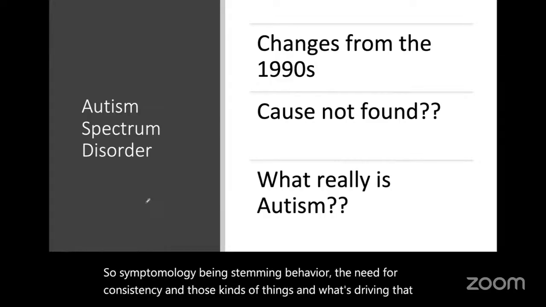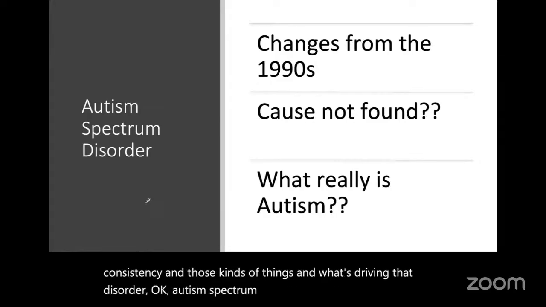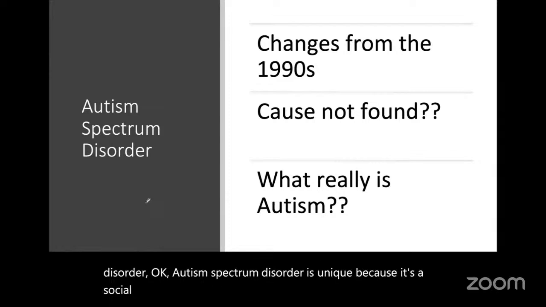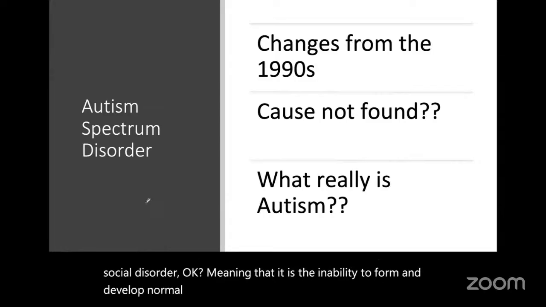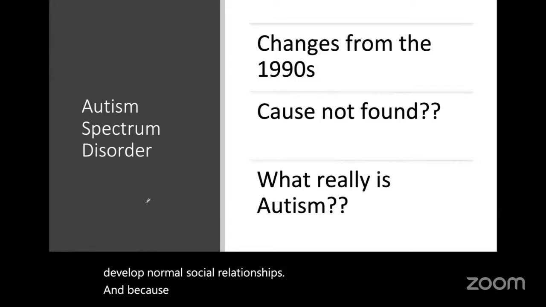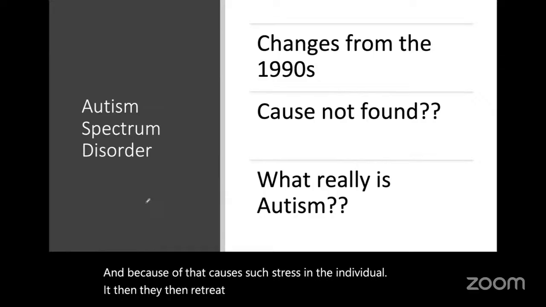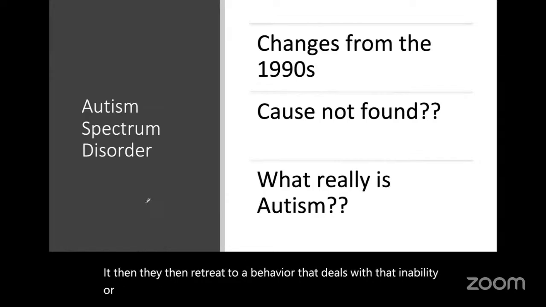Autism spectrum disorder is unique because it's a social disorder, meaning that it is the inability to form and develop normal social relationships. And because of that, that causes such stress in the individual, they then retreat to a behavior that deals with that inability or that want to avoid social interaction.